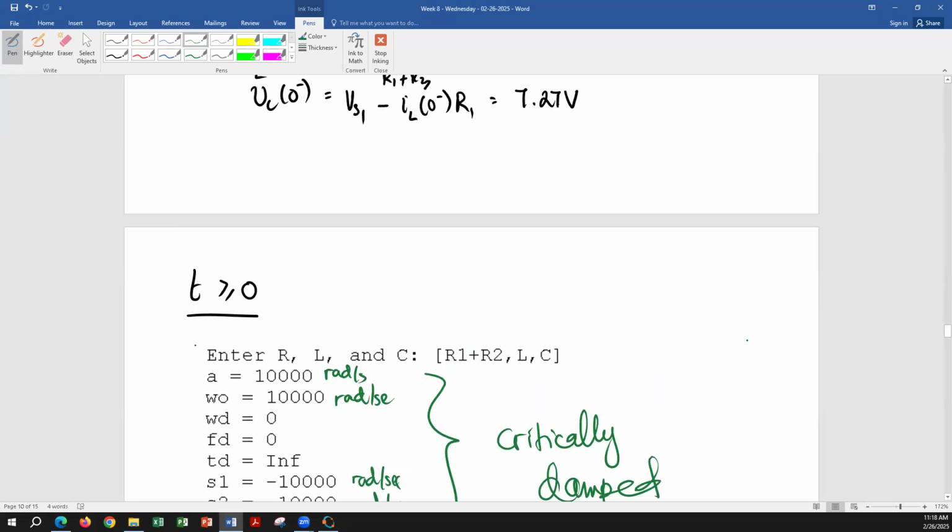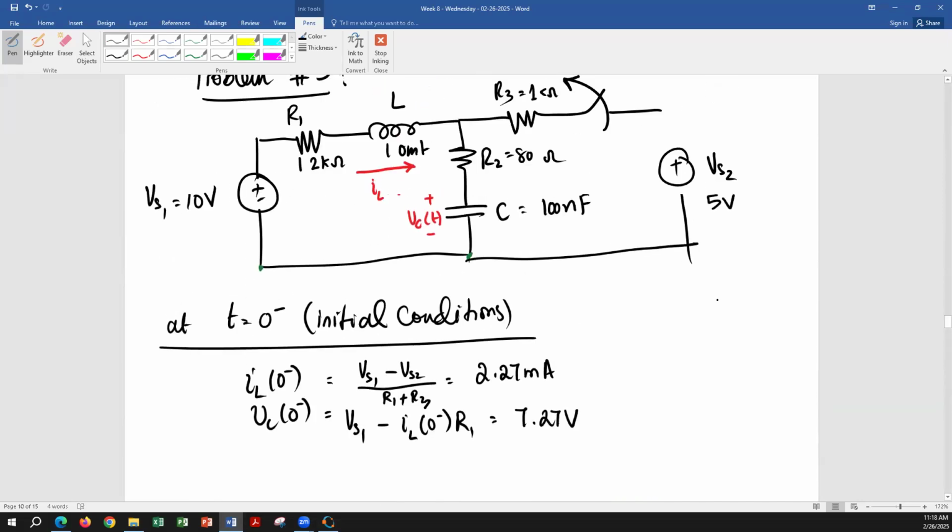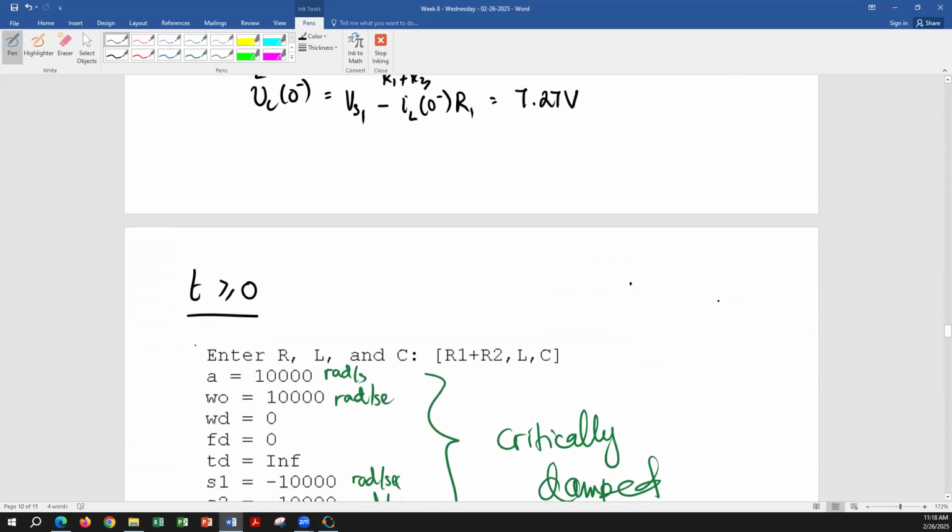Okay, let's go ahead and draw the circuit real quick. What do I have?